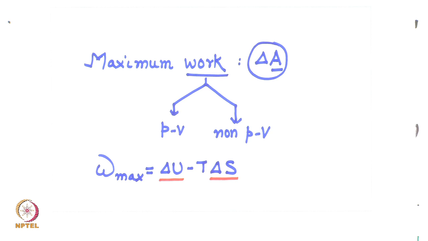Whenever a system does work, this is done at the cost of what? Work is done by the system at the cost of internal energy. When the system is doing work, its own energy, the capacity to do further work, that is the internal energy, decreases, delta U has to be negative.